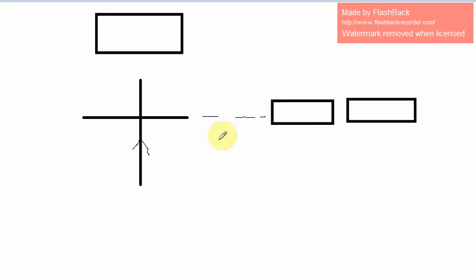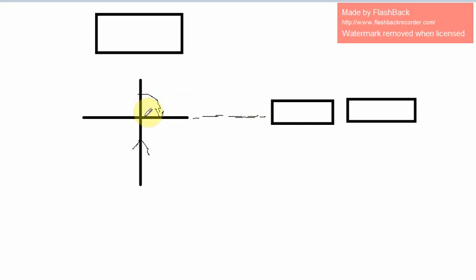But in terms of bearing, if the person reaches this junction, we need to tell him the number of degrees he or she must turn from this direction towards the right before he takes the steps towards this direction.